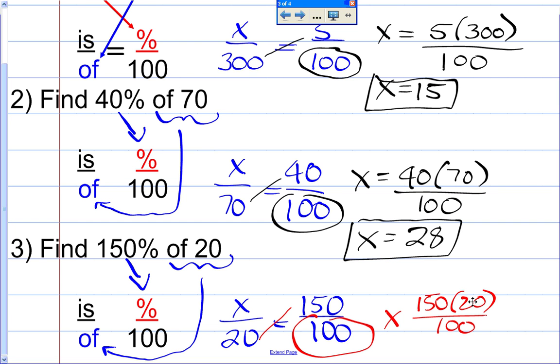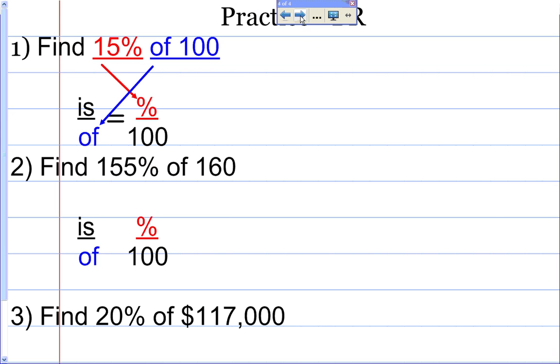So 150 times 20 divided by 100 is equal to 30. And that's all there is. So I'll give you a few practice problems for you to do. You can try these, pause the video, give them a try, and then hit play again, and I'll show you the answers.